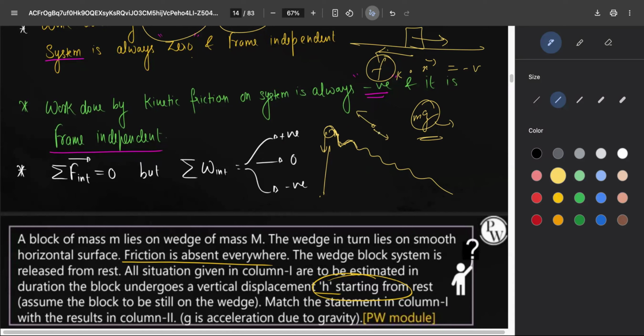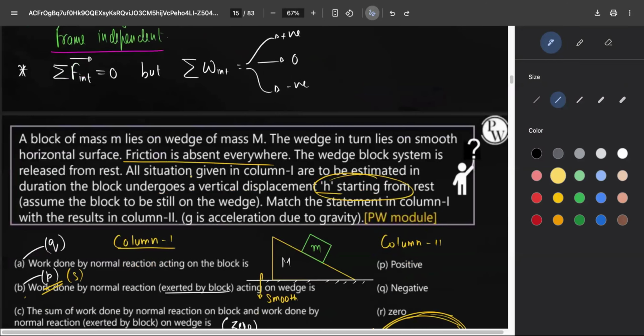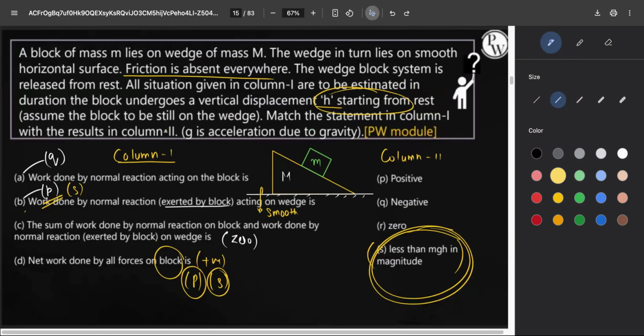When you reach here on this slope, friction is applied this side, you move this direction. So at each point it gives some negative value, which gets added up from here to here. Clear? So it is path dependent, not dependent on the start and end points only, whereas in other cases, if you remember, the work depends upon the start and end points. Clear?